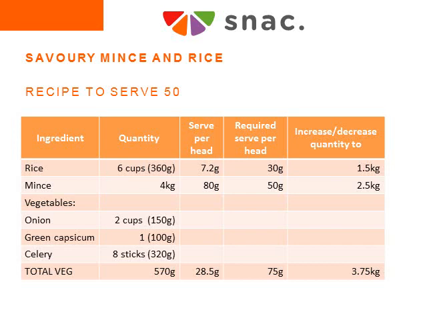So we could decrease that 4 kilograms to 2.5 kilos. As we've already said with the vegetables, 570 grams isn't a lot to serve 50 children, and actually one serve is 75 grams, so we would need to increase that 570 grams up to 3.75 kilograms.